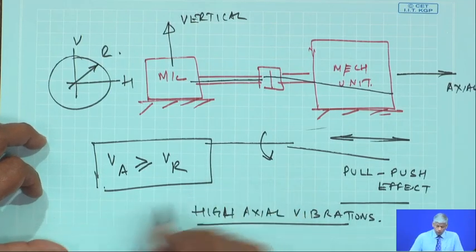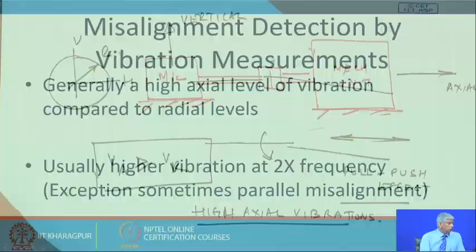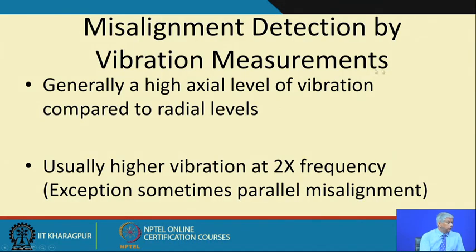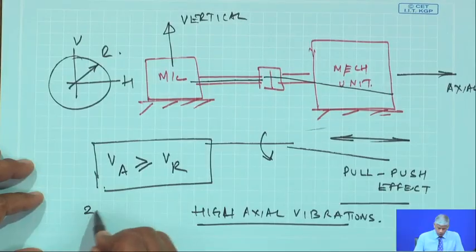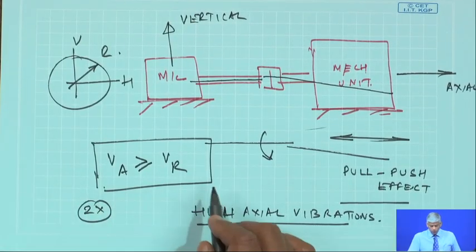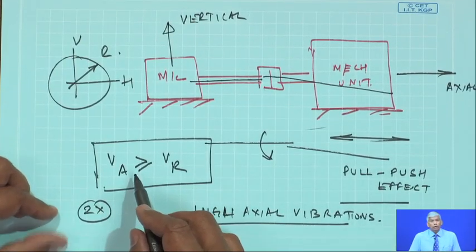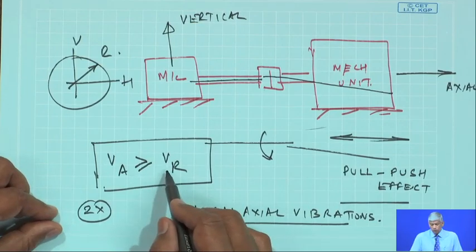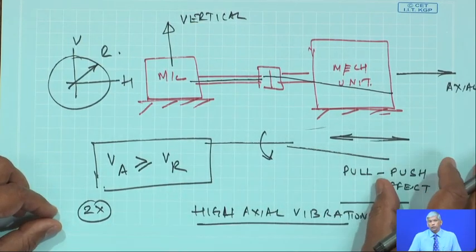And usually, if you look at the rotational speed being 1x, usually high vibration occurs at 2x. So, 2x vibration with a strong axial vibration compared to the radial plane is a sure indicator of misalignment in the systems.